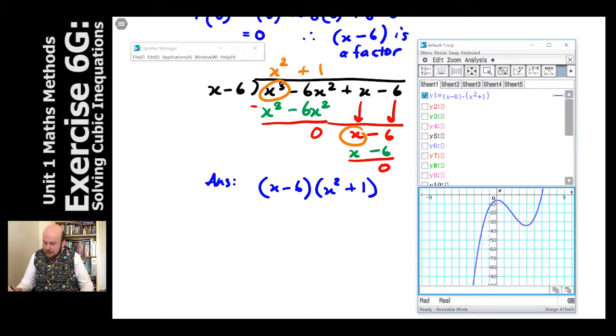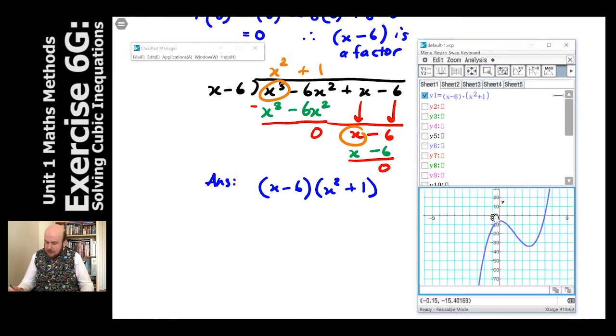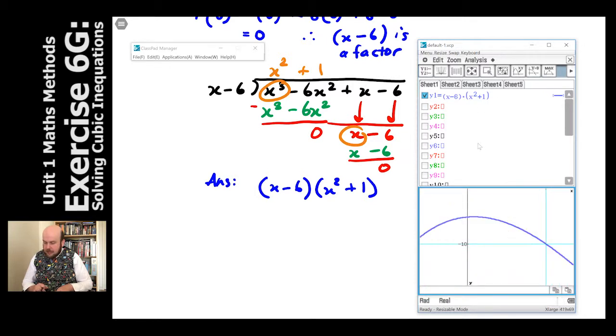So you can see here, it actually turns at that y-intercept, which is just beautiful. There we go. So it actually turns, or nearly near enough turns, at the y-intercept.